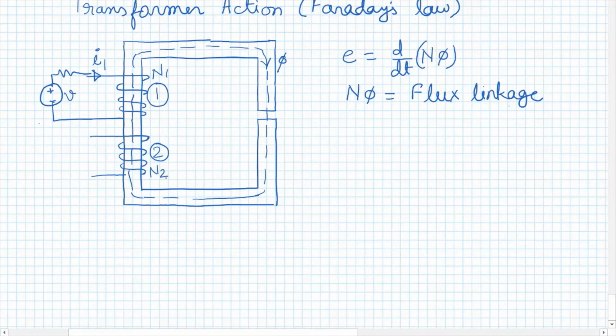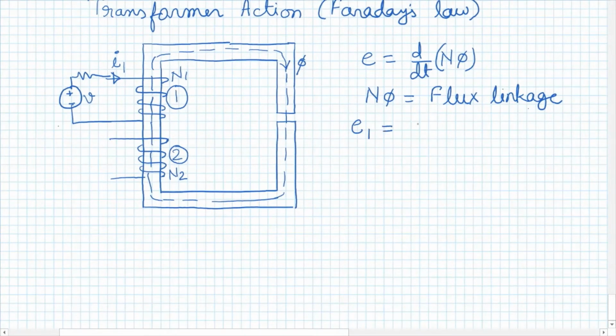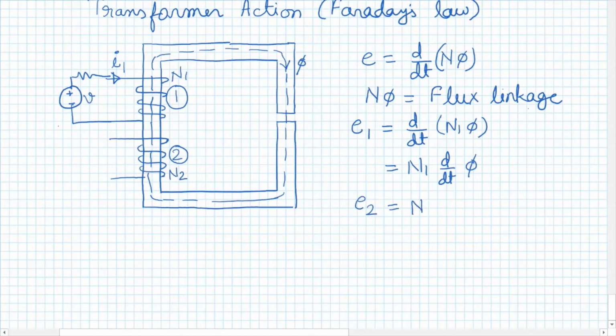Then the EMF induced because of this flux phi in coil 1, E1, is nothing but d/dt of N1 phi. But N1 is a constant, so we can write N1 d/dt of phi. Similarly, in the second coil, the induced EMF is N2 d/dt of phi.